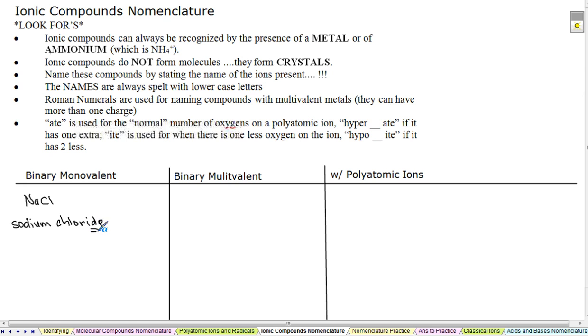We put an IDE ending on a simple ion like that. We have a binary compound, meaning that there's only 2 elements present. In this case, sodium chloride. And we say it's monovalent because your metal has only 1 charge possible.